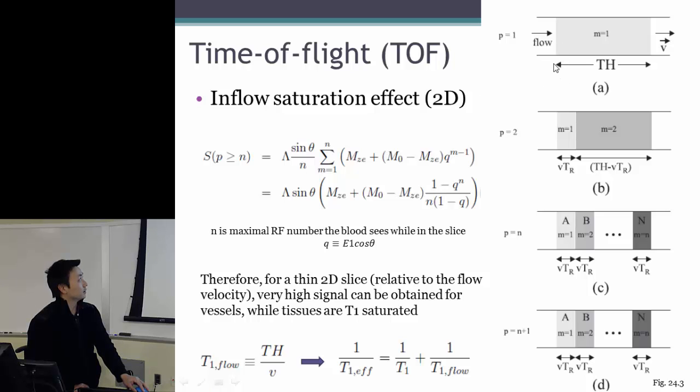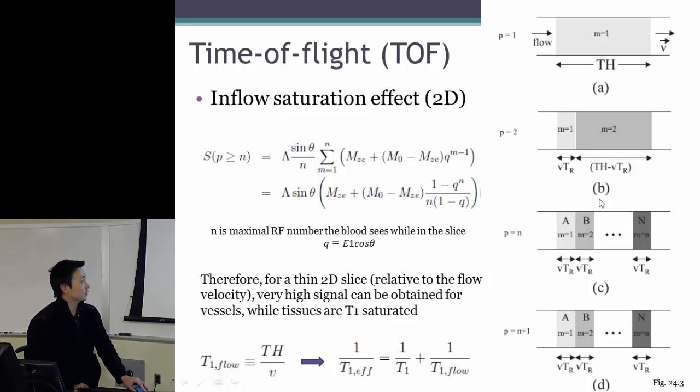Before the second RF pulse is applied, the time is TR, and because the blood is flowing, when we apply the second RF pulse, part of this newly inflowed blood will see the second RF pulse as its own first RF pulse, while the rest of the blood that is still remaining in the slice profile sees this as the second RF pulse.